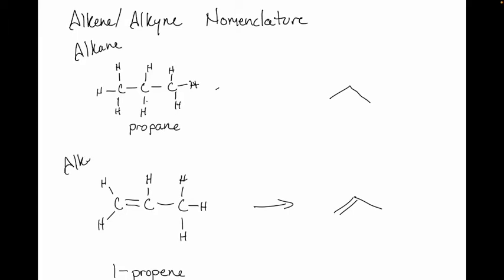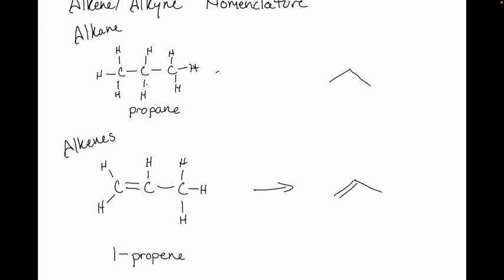These are alkenes. So the first thing to note is that my ending has changed from ane to ene. The alkanes all had this ane ending. The alkenes are all going to have this ene ending, E-N-E.